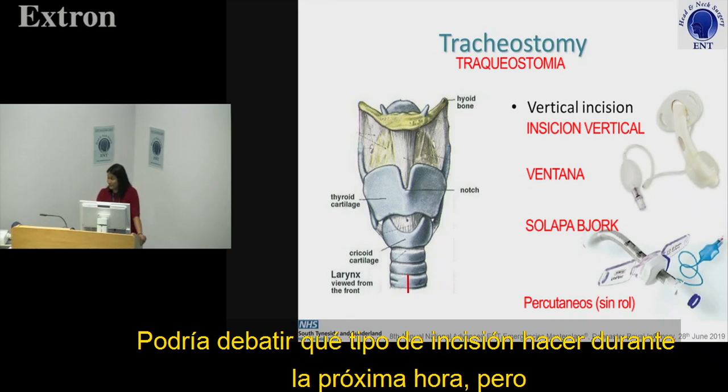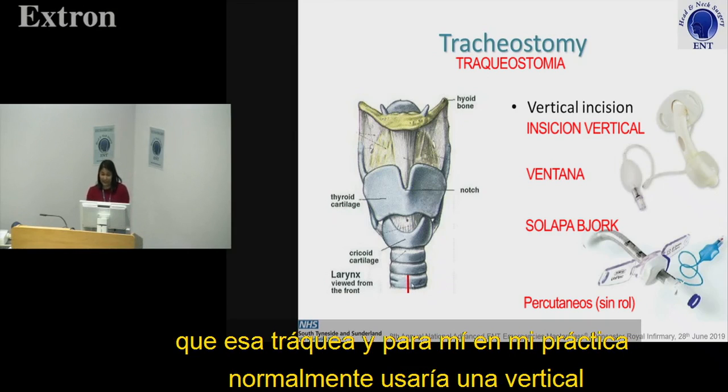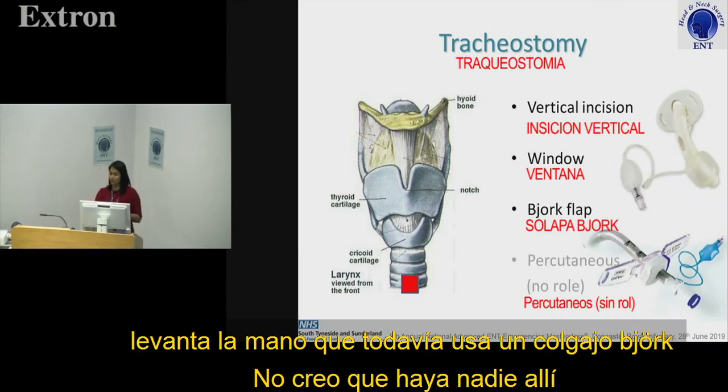We could debate what sort of incision to make for the next hour, but I don't think that's really important. What's important is making a hole into that trachea. And for me, in my practice, I would normally use a vertical incision with stay sutures on either side, or a small window. Show of hands who's still using a Bjork flap?